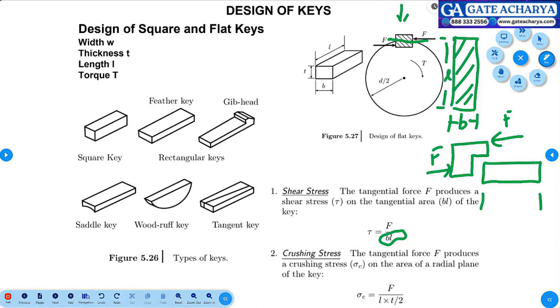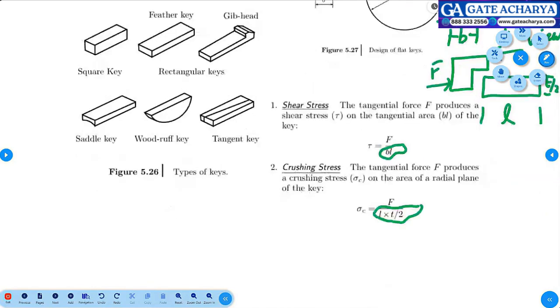You are looking like this. This portion you're seeing, I'm drawing it here. This will be L. The other one will be T by 2. That's the reason why I'm using L into T by 2, because it's getting crushed here.